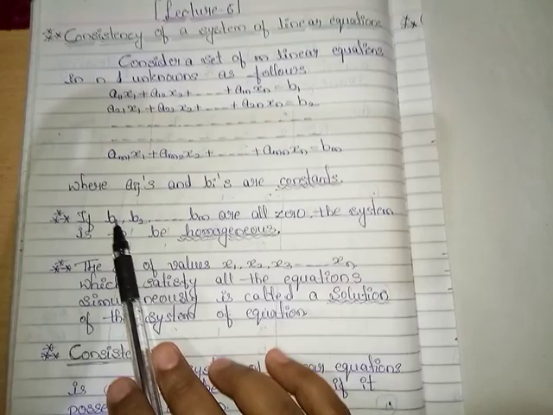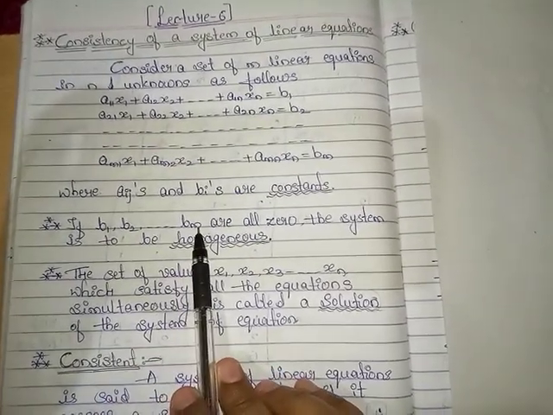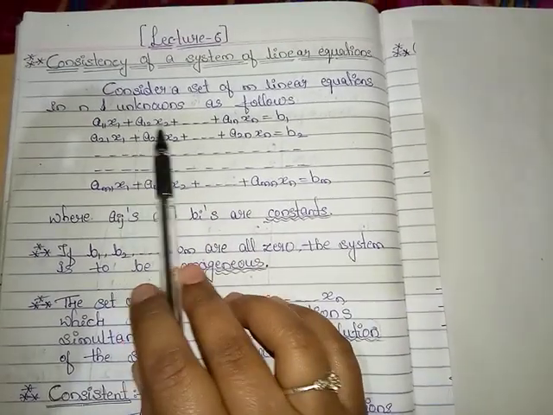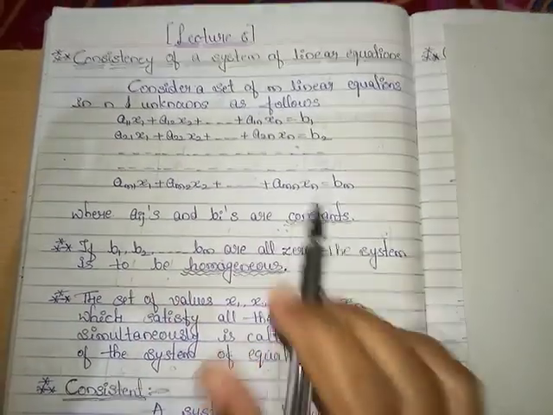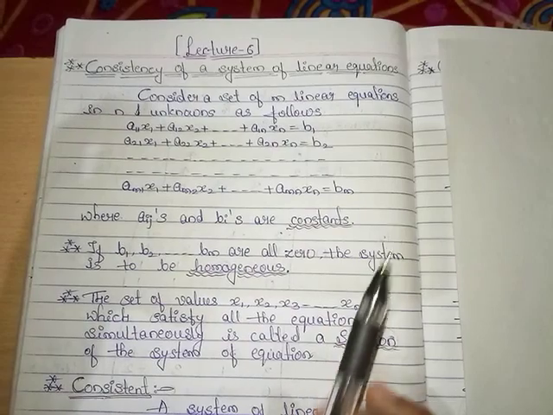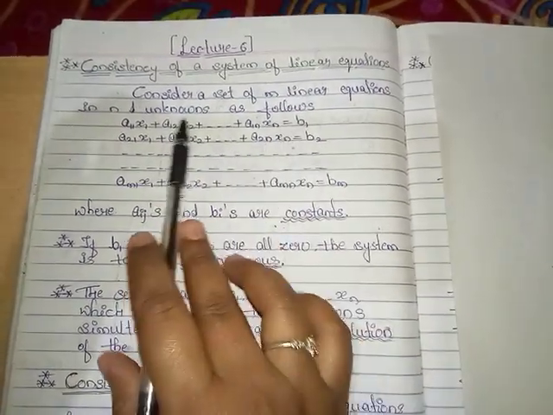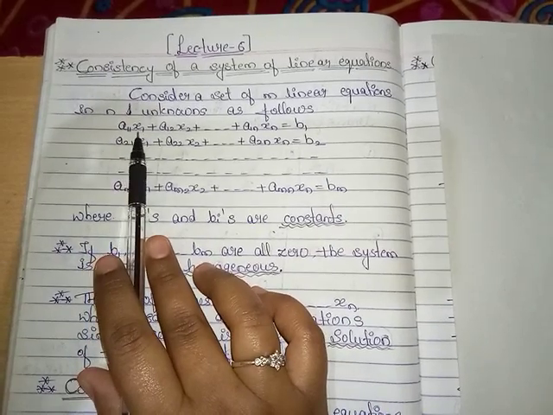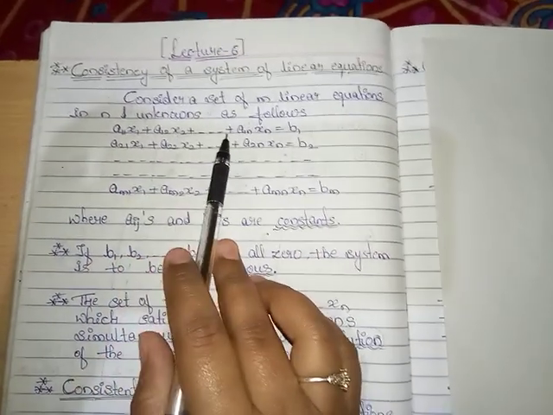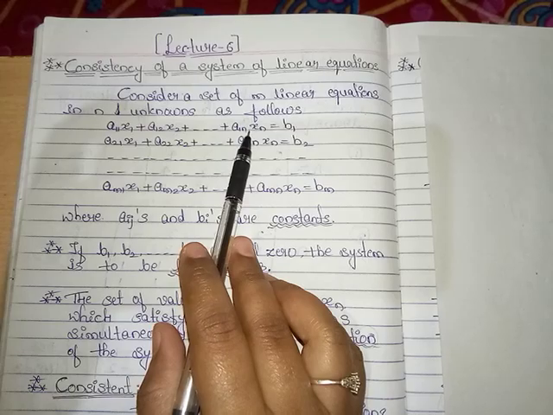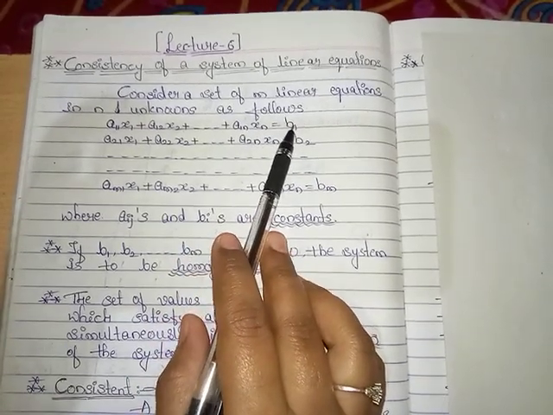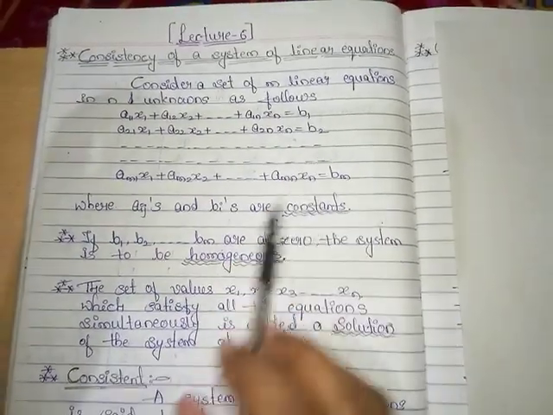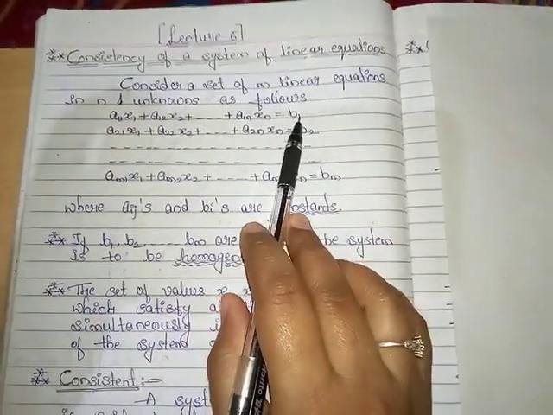When do we say the equation is homogeneous? When these terms b1, b2 so on to bm are equal to 0, then a11 x1 plus a12 x2 plus so on to plus a1n xn is equal to 0, so this equation is homogeneous.